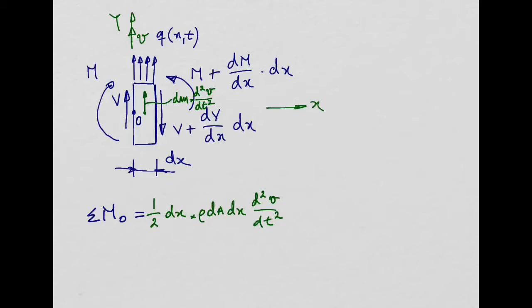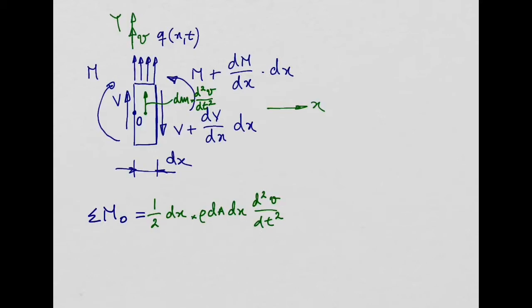So this term is going to be very close to 0, so we can say for this infinitesimal analysis, this summation of moments is going to be equal to 0, because of dx squared.